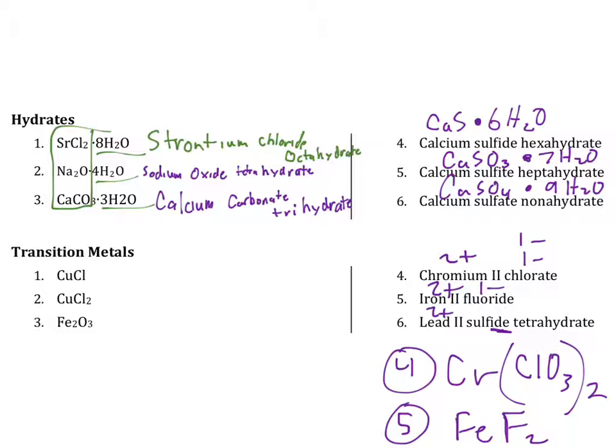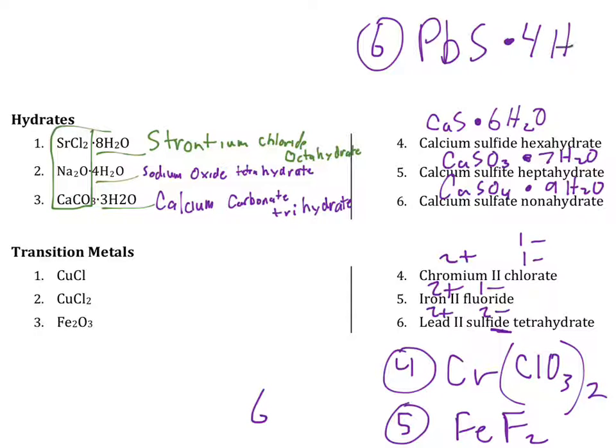It's 2-. Again, if it ends in "ide," it's just one of the ones on the periodic table. And so this is a 1-to-1 ratio. And I'll write it up here. So it's going to be lead 2 sulfide. And then we need to put the little raised dot there, and it's tetrahydrate, which is 4 waters.